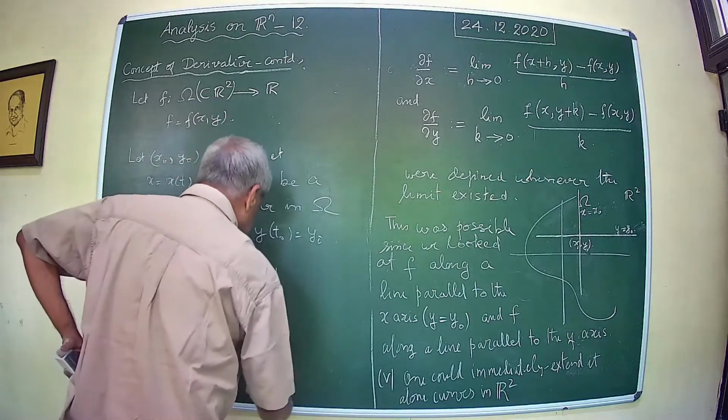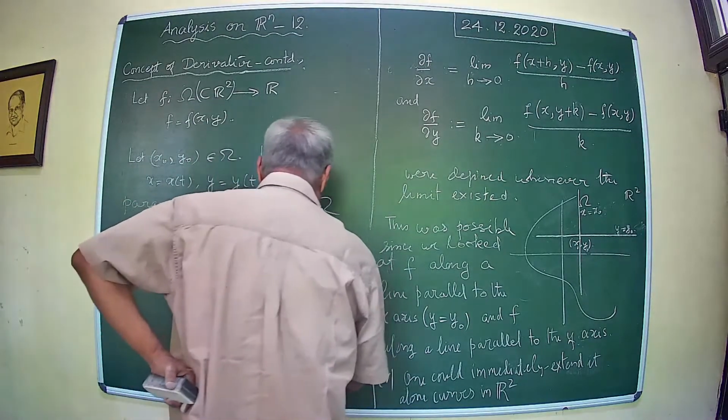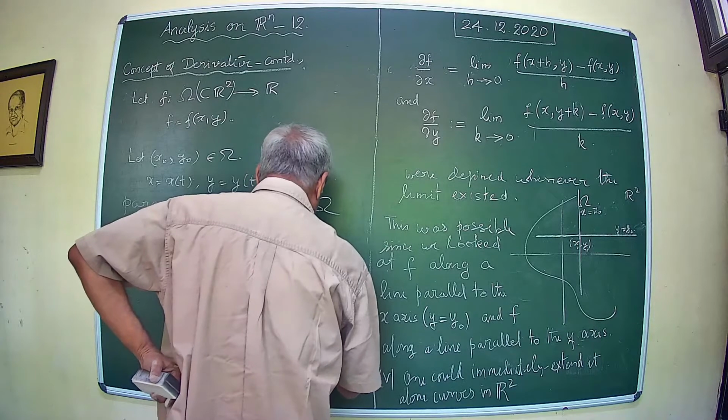So what you have is this: you have a point x naught, y naught.